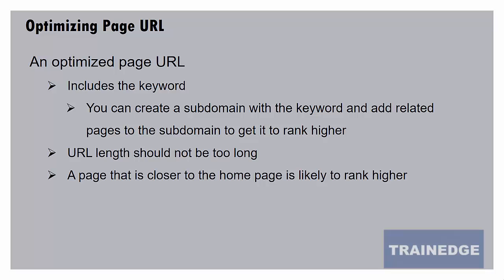If the page is in the same folder as the home page, then the URL of the page will only include your domain name and the page URL. If the page happens to be inside another directory, then the path is going to include the domain slash directory followed by the page URL. So the closer the page is to the home page, the more likely it is to rank higher.